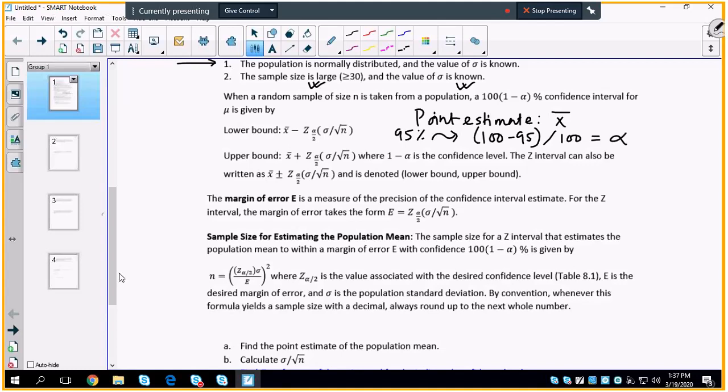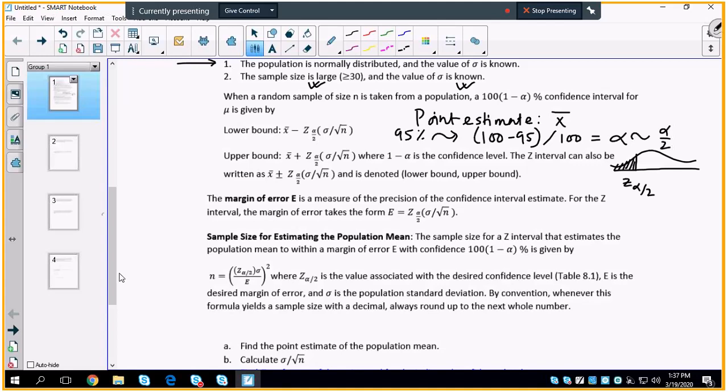Depending on each of these alpha, we are going to find out half of alpha. So we're going to find alpha over 2. And alpha over 2 is the area to the left of a z-score. And that z-score will be called z alpha over 2.